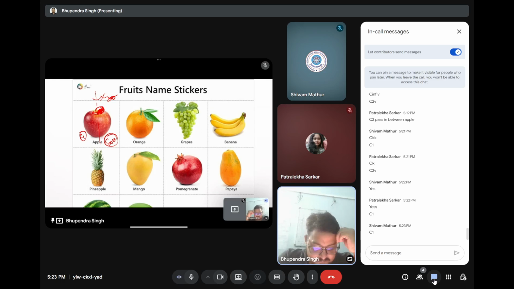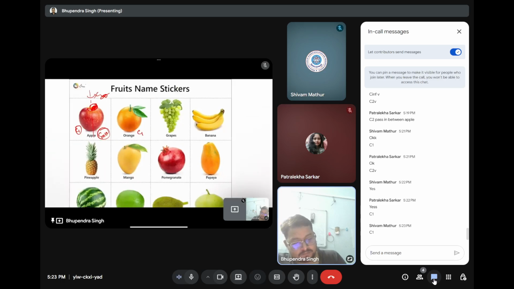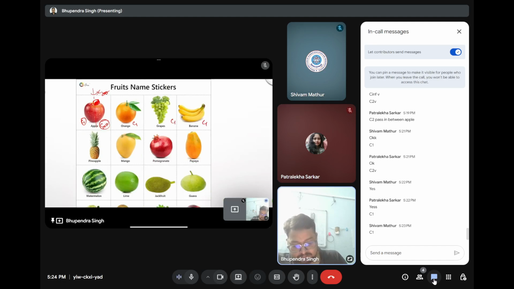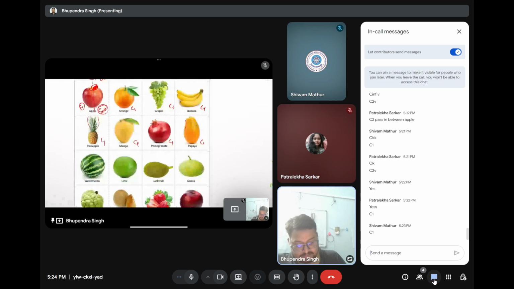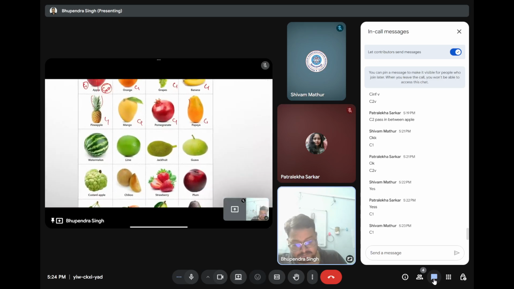So what are you saying? C1, C1. Okay, C1. Now for the others also it is C1, C1. I also don't see it is symmetric, so C1. This is also C1, C1, C1 because of this. Okay, watermelon.